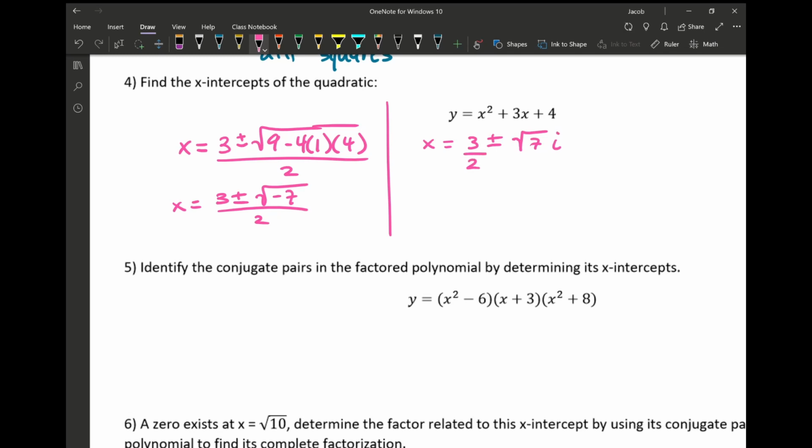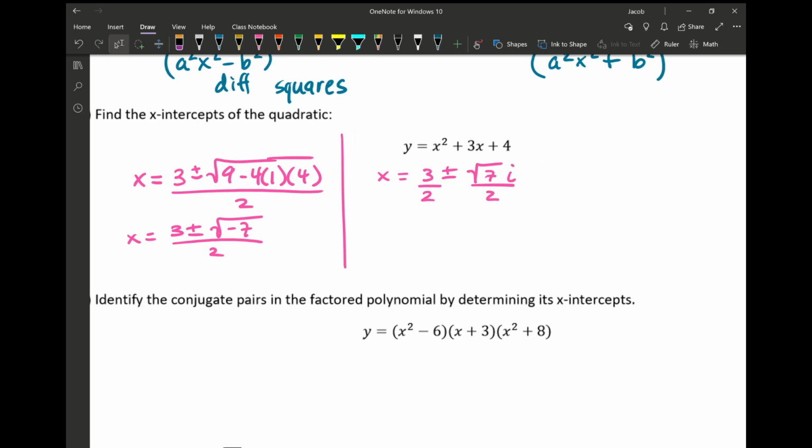If I carry out this work and introduce that imaginary component into my x-intercepts, then I'll have my complex zero written out like this. So I have the a plus or minus bi format, which is how we write complex numbers. And like I said, everything can be written as a complex number. It's just we don't always have imaginary components. But in the case of this zero, we do have an imaginary component.